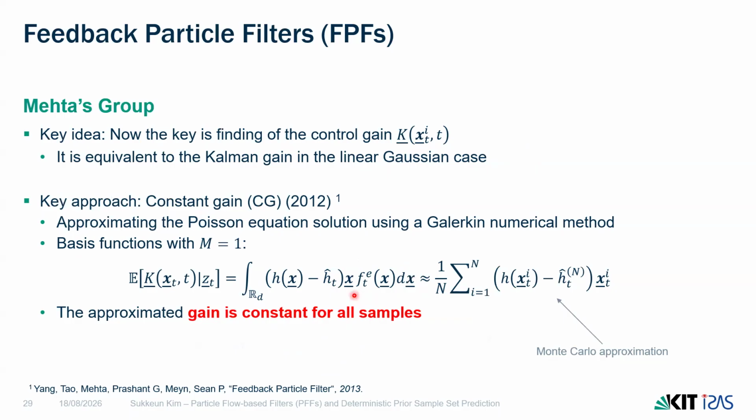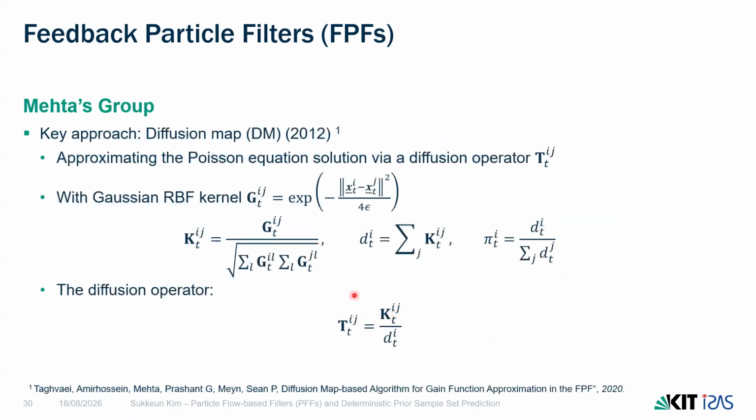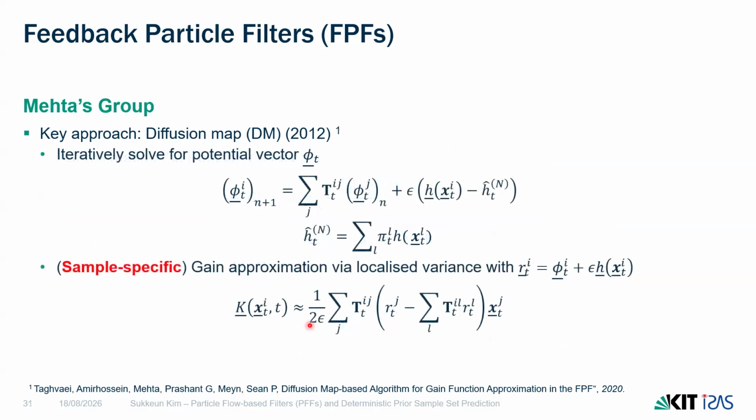So basically all samples will move by the same amount, which is not ideal. So they proposed another approach called diffusion map, which is based on the RBF kernel here. As you can see here, it defines the relation between two different samples, and then defines the diffusion operator, and using this one, they can approximate the gain. So now it becomes sample specific, and obviously it works better.